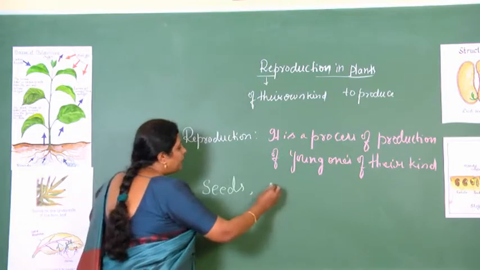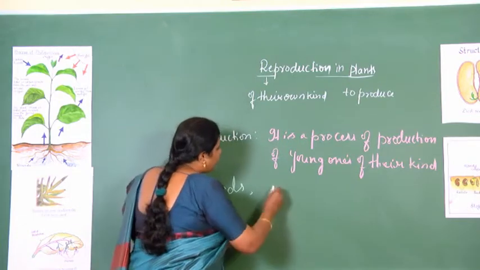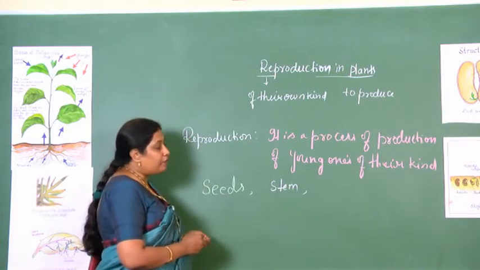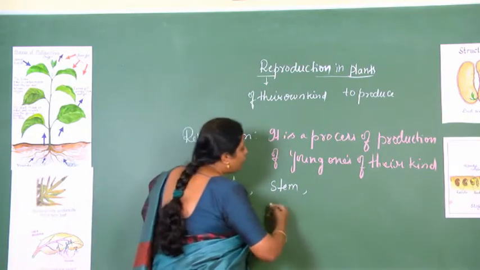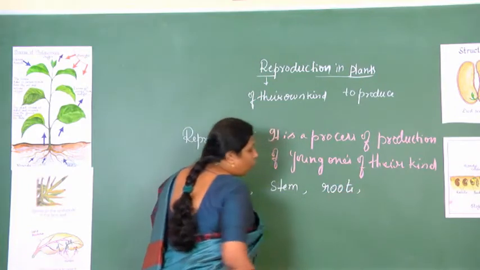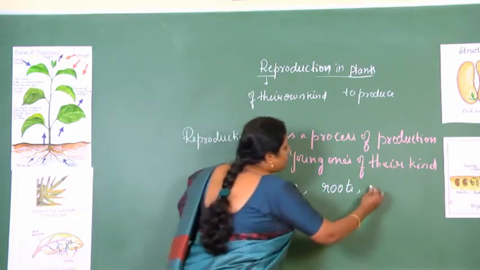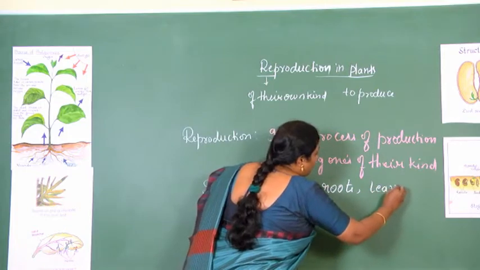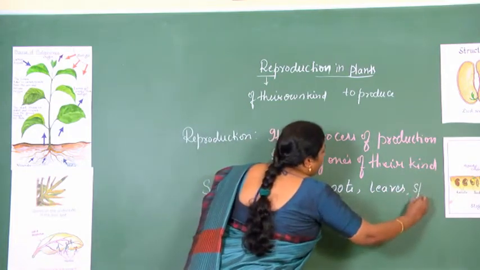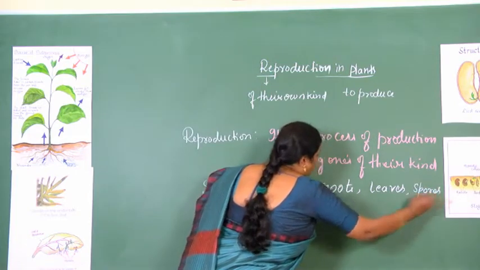Some of the plants can be produced from the stem of a plant. Some of the plants can be produced by roots. Some of the plants can be produced from the leaves. Some of the plants can be produced from the spores.